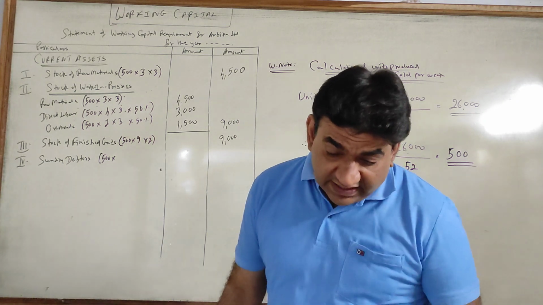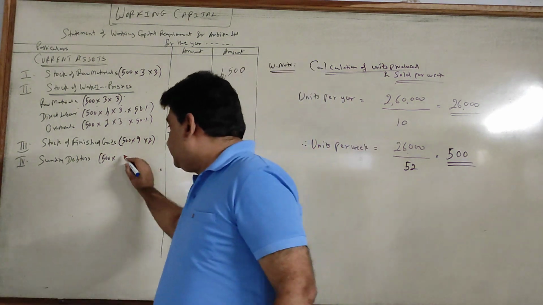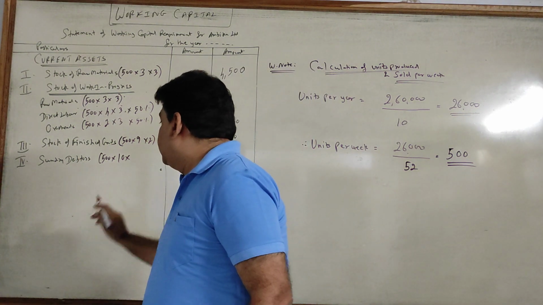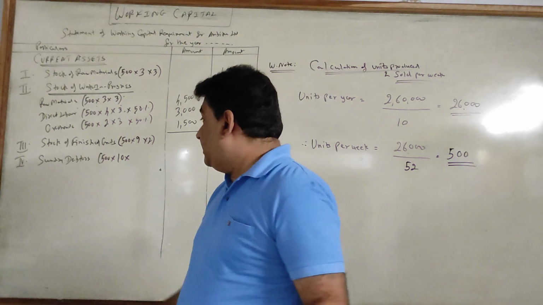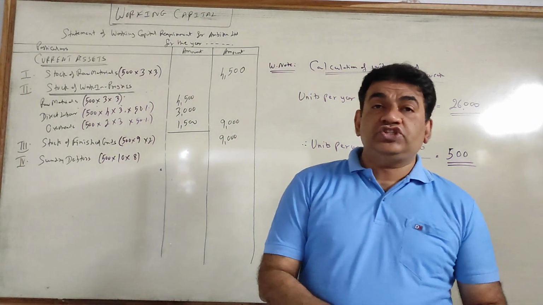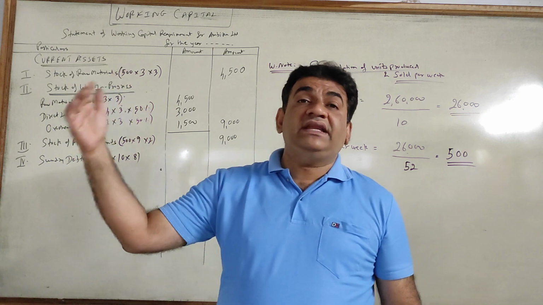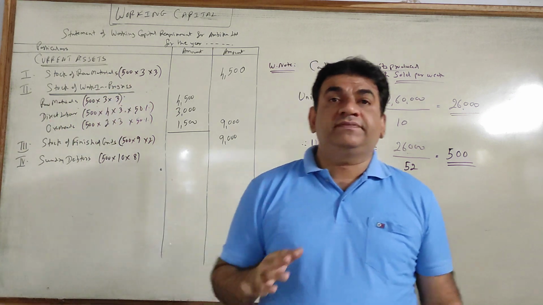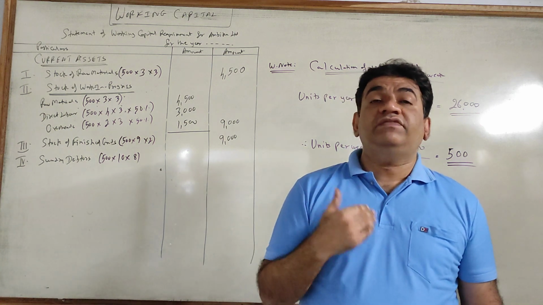So how much is my selling price? See in the question. You know 10 rupees, you already divided. So into 10, and this you will multiply by the credit period, that is 8 weeks. Why 8 weeks? Because today if I sell goods to my debtors, I have given them a credit of 8 weeks.